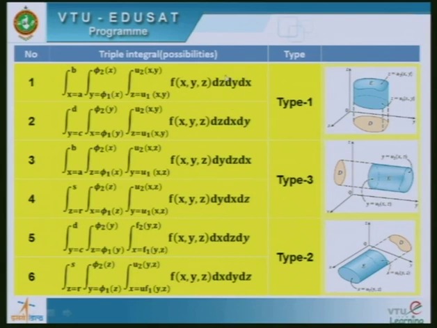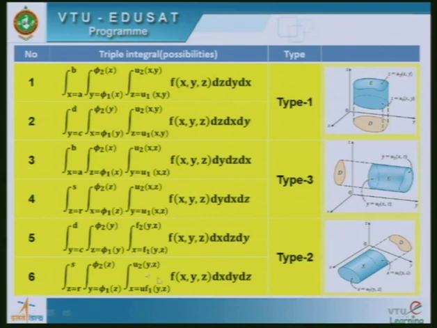So, these two come under D, where D is in the xy plane. You can do integration first with respect to y, then with respect to x, or first with respect to x, then with respect to y. So, numbers 1 and 2 are type 1 in the triple integral.